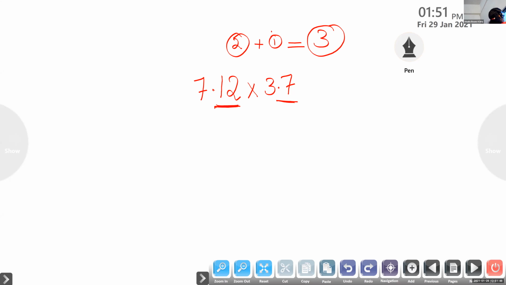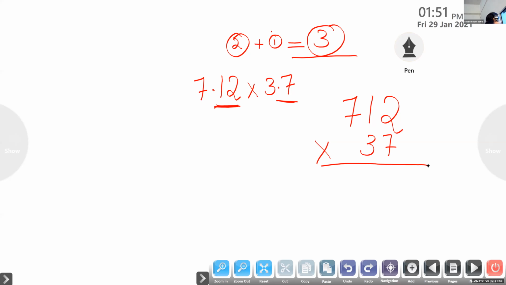So total 3. So children, 712 multiplied with 37. All the children do this calculation alone. You know multiplication of 2 digits. In the answer, there should be 3 decimal places. So you have to see from the right side, 1, 2, 3, then put the decimal point.